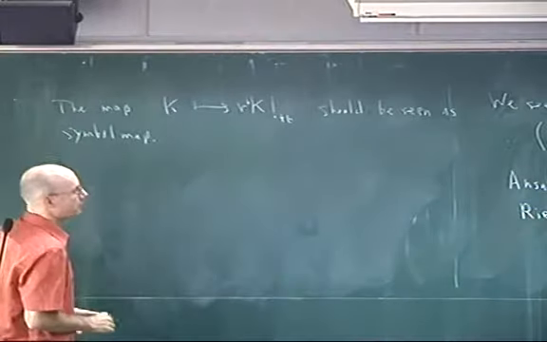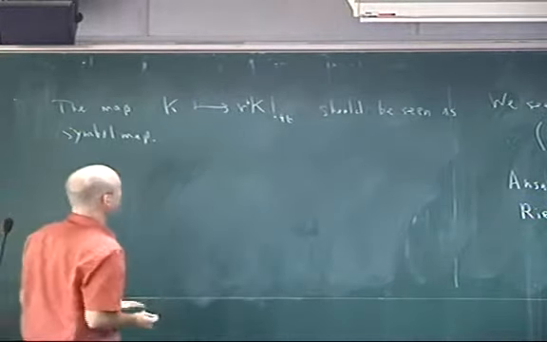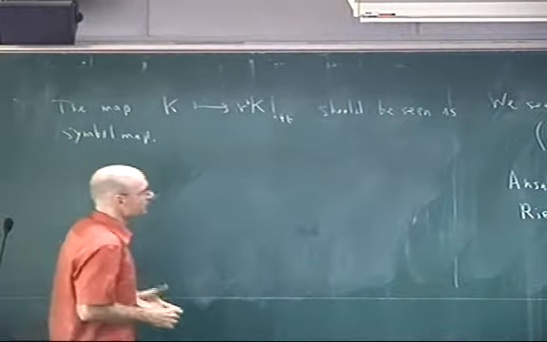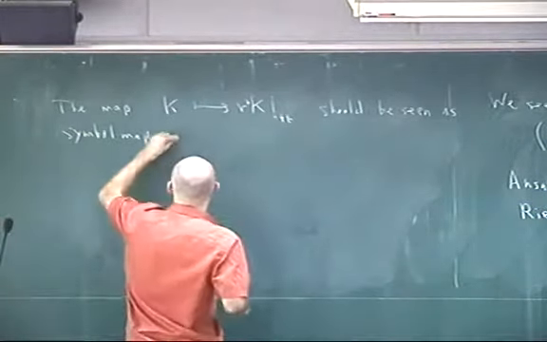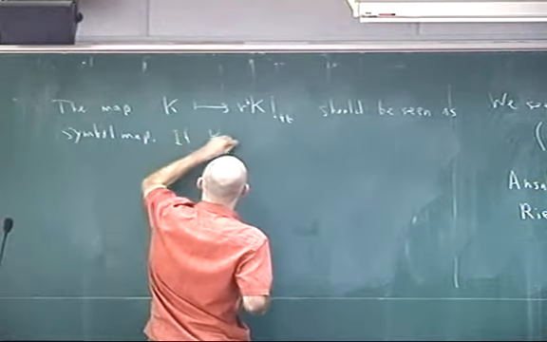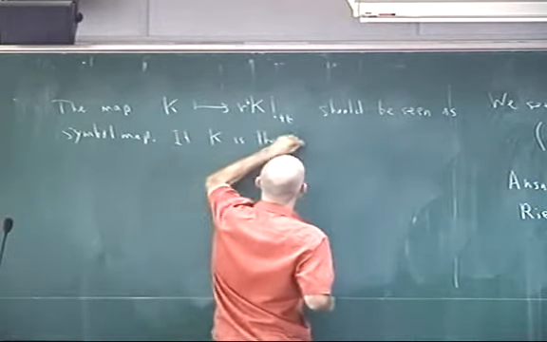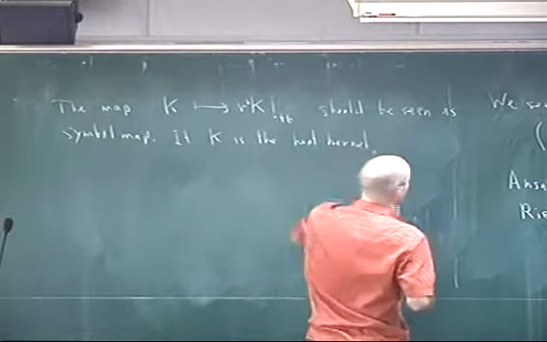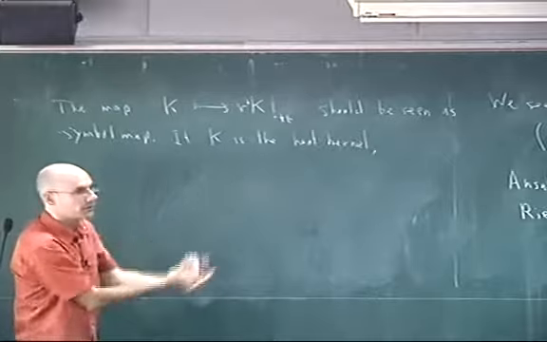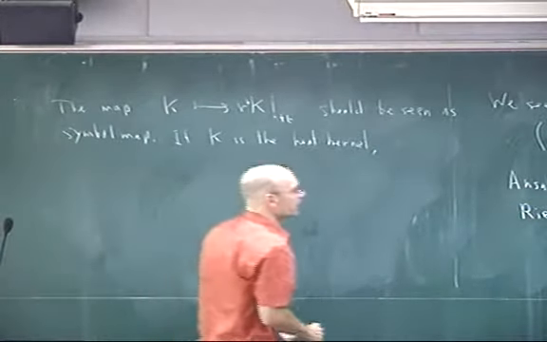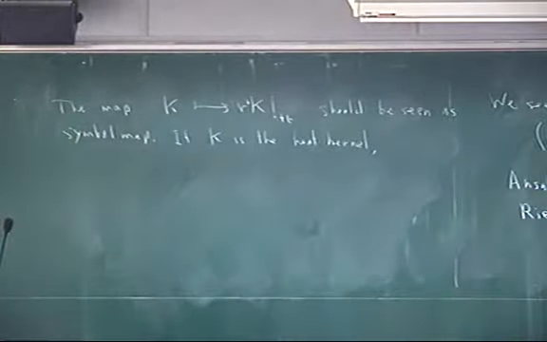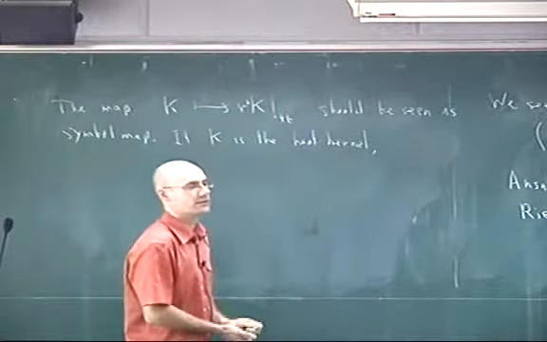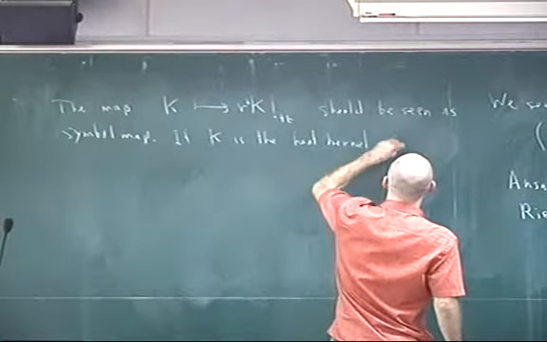I cannot make it more precise for the lecture, but basically, if K is the heat kernel, and we assume that this heat kernel exists on that space, then you can check that the symbol map, the restriction to this face, should be the frozen Euclidean heat kernel.